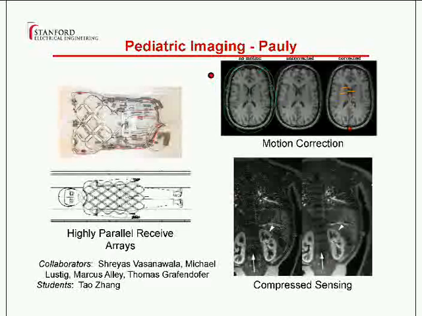At this point, NMR, though very powerful, is usually not performed on children for a couple of reasons. One is it's very hard to convince the children to stay motionless throughout the entire process, and if they move around, the image will get blurred. And a lot of times the patient has to go through sedation if they want to go through this kind of process, which is kind of expensive and lengthy.